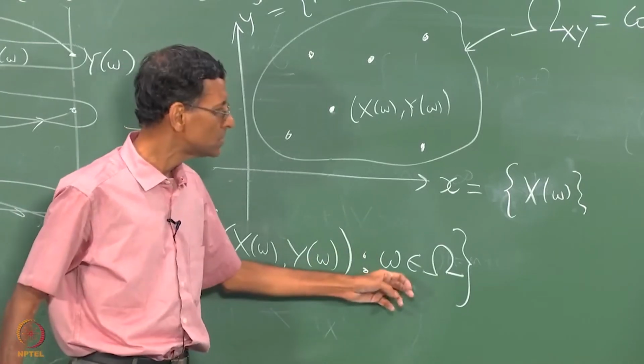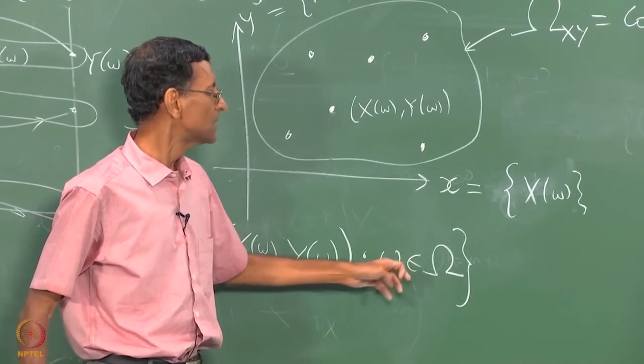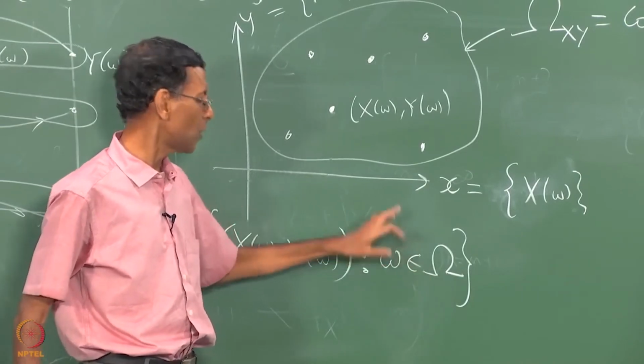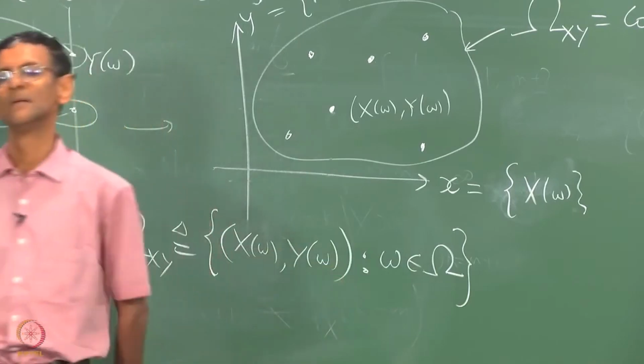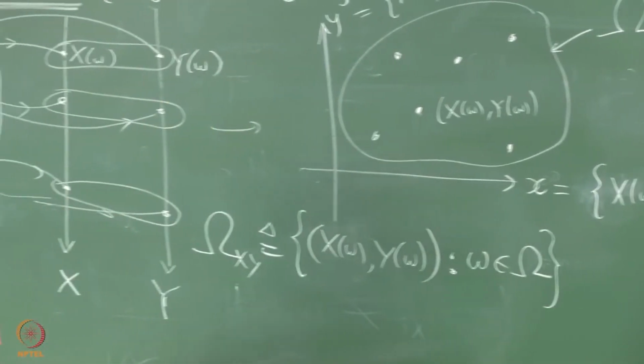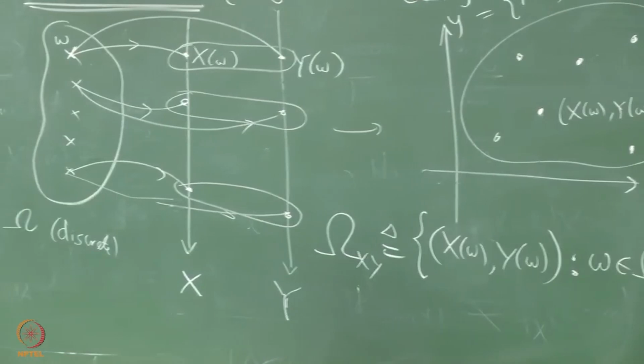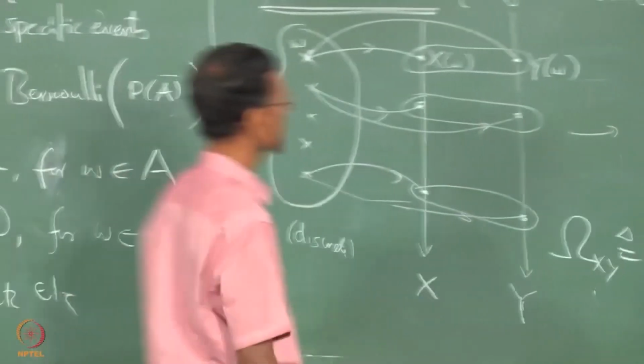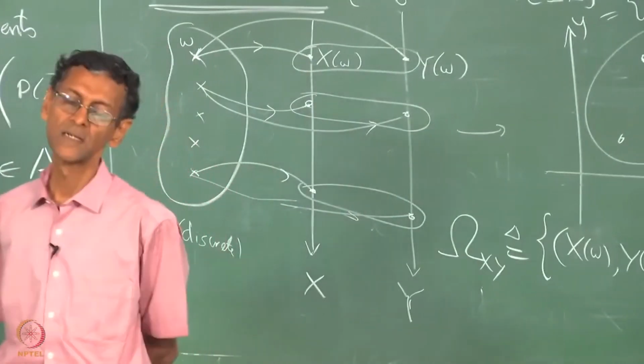So, you vary this small omega over all points, and you look at jointly what happens to x and y. This is the starting point for this joint specification.